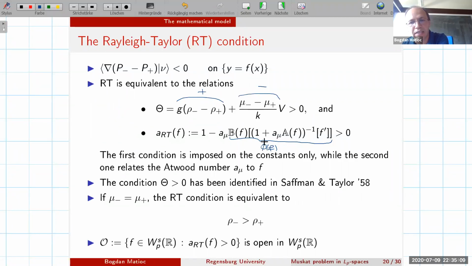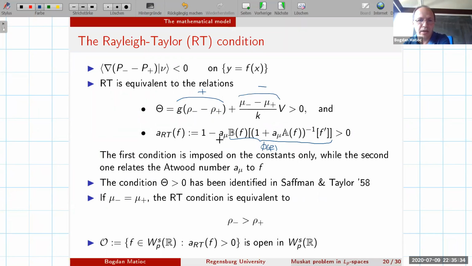And because phi is continuous, one can show that the condition that this function is positive identifies an open subset of W^s_p, which I call O. These are the functions for which the Rayleigh-Taylor function is positive. This is an open subset in W^s_p, and this is the set where the problem is parabolic.